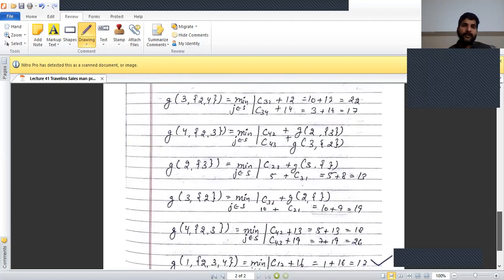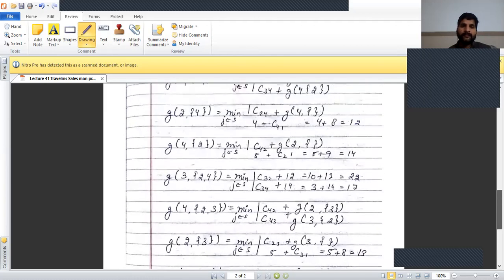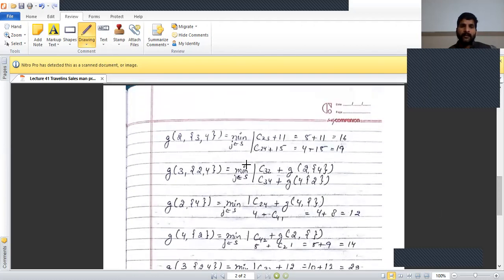The value of 2 to 3 to 4, two values are possible, 16 and 19. If we follow 2 to 3 and 2 to 4, if we follow 2 to 3, the value is 16, the minimum. So G(2, {3,4}) value equals 16.